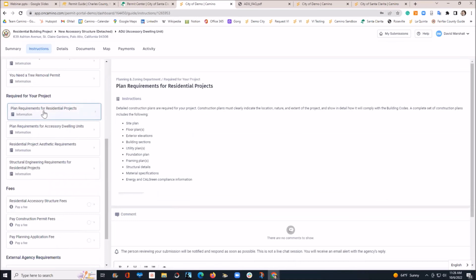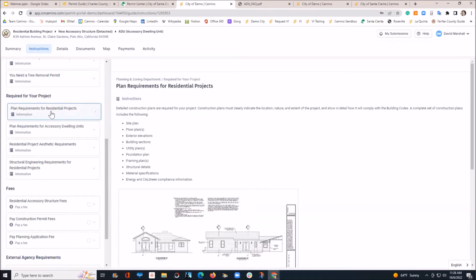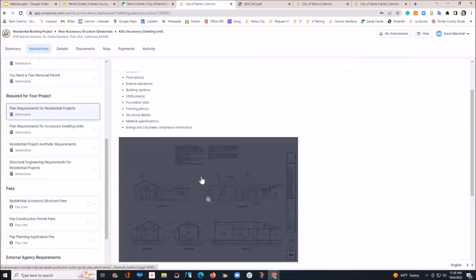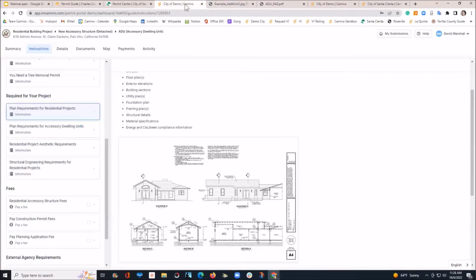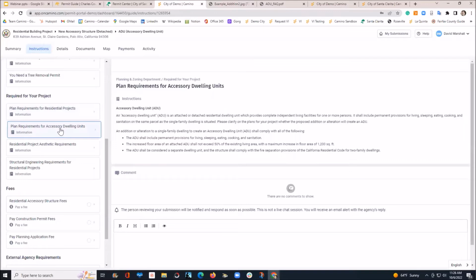Now we can go into, hey, what's required? If you do this, what are you going to require? In this example, we're talking about a plan requirement. You can even give them an example that they can download of the format of the plans that you want them in, plan requirements for an ADU. And again, specific to them, right? This isn't something we'd share with everyone.